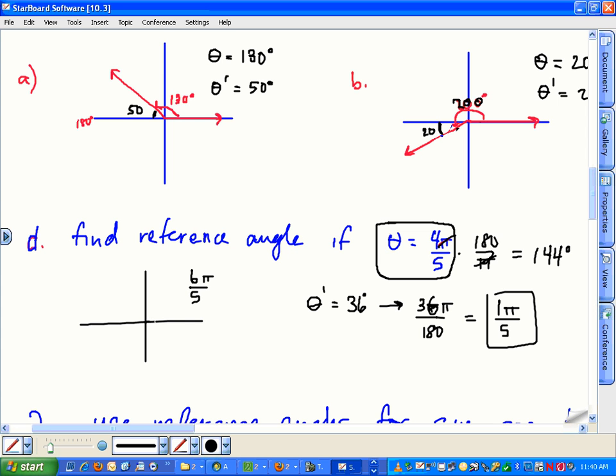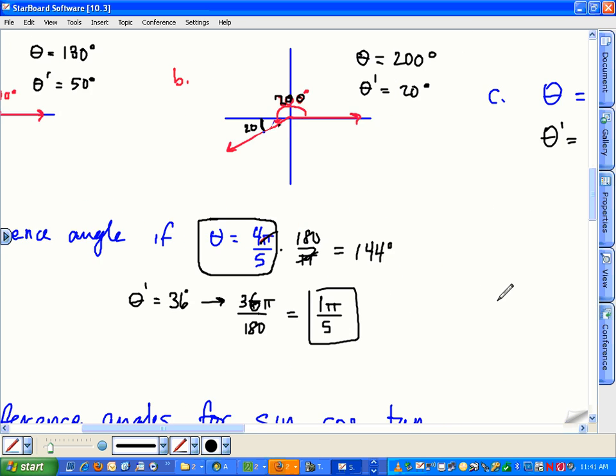So it's beyond 1 pi, isn't it? So if this is 1 pi, or to make it easier, what if this is 5 pi over 5? What's the difference between 6 pi over 5 and 5 pi over 5? 1 pi over 5. So the reference angle will be 1 pi over 5. So if you understand how to work with fractions, reference angles in radians can go pretty quick.